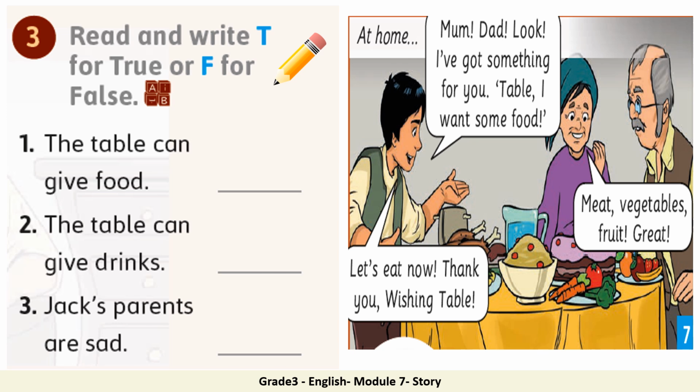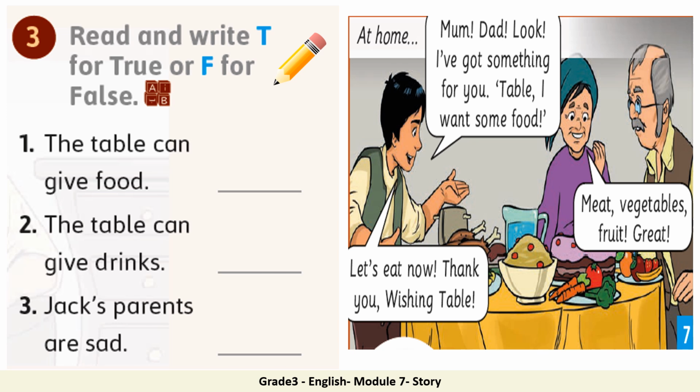Activity number 3. Read and write T for true or F for false. Number 1. The table can give food. Number 2. The table can give drinks. And number 3. Jack's parents are sad.